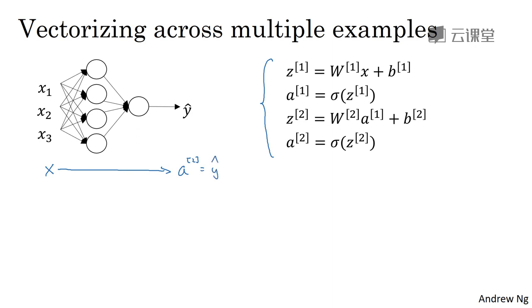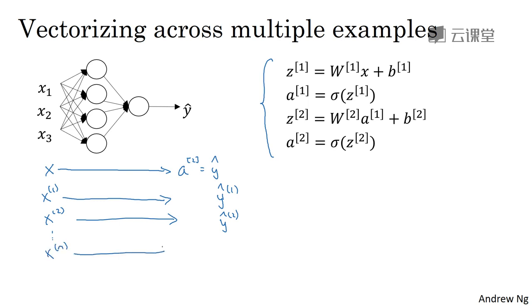Now, if you have M training examples, you need to repeat this process for, say, the first training example, X superscript round brackets 1, to compute Y hat 1, that's the prediction on your first training example. Then X2, use that to generate prediction Y hat 2, and so on down to XM to generate a prediction Y hat M.